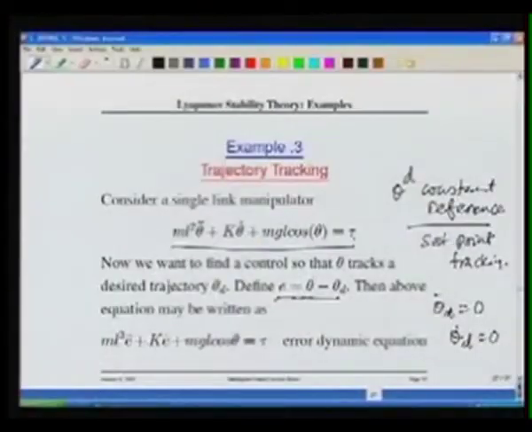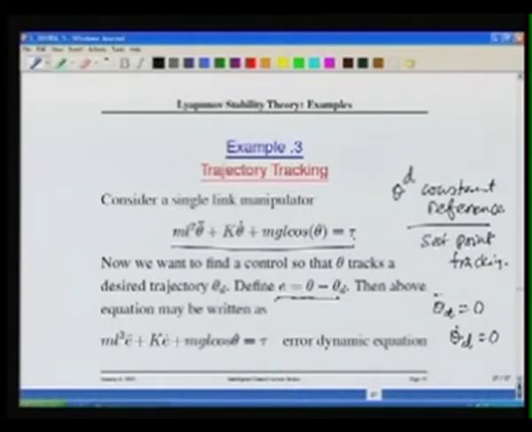So, we define an error, theta minus theta d, how far it is from the reference point, and then you can easily say that theta double dot d is 0 and theta dot d is 0, because theta d is a constant reference. So, using these two ideas, we can always add theta double dot minus theta double dot d, and similarly theta dot minus theta dot d.